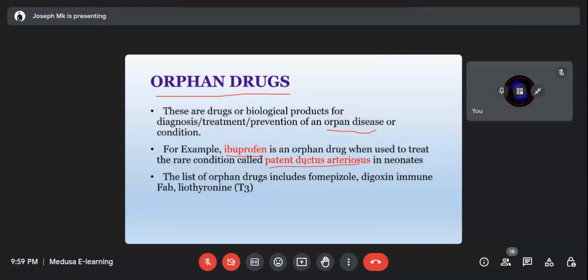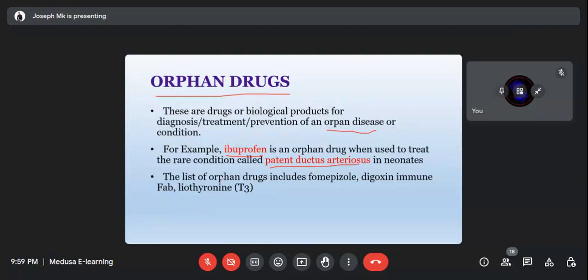This condition rarely occurs. It's not every baby who is born that is going to have patent ductus arteriosus. It's very rare. So that's what we mean by orphan disease. I hope that is clear to the one who asked that question. Is that clear? Yes.